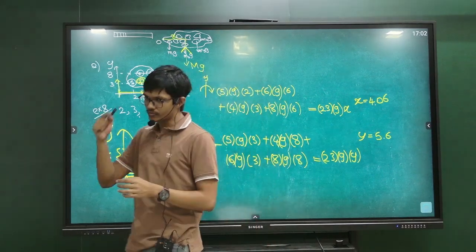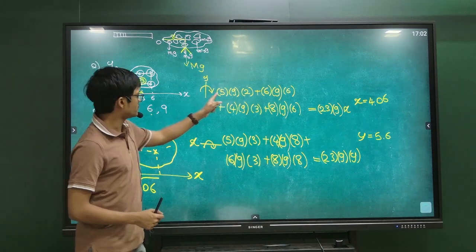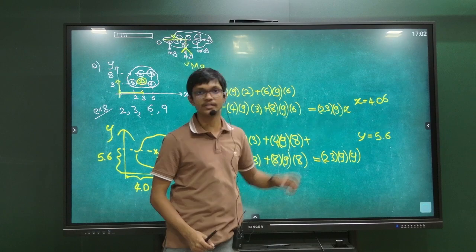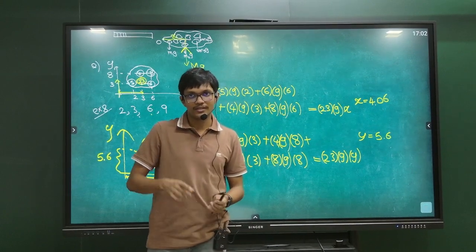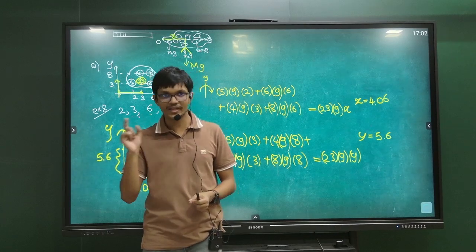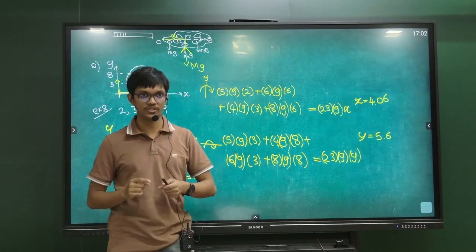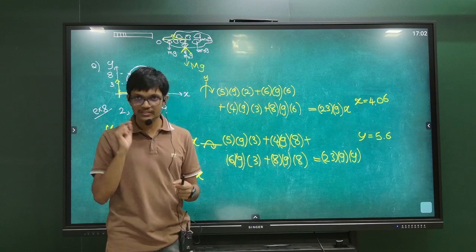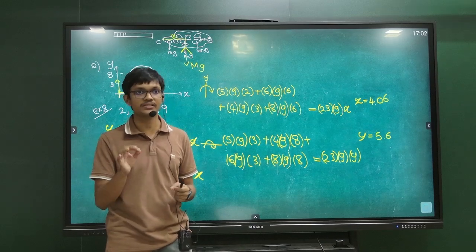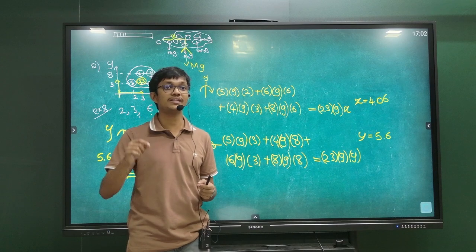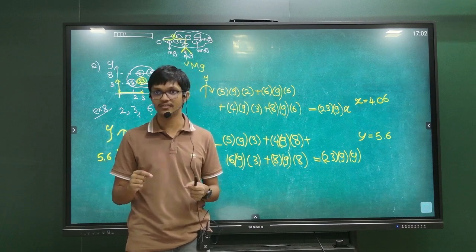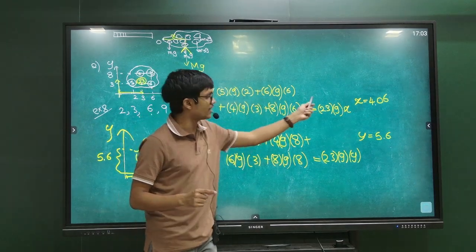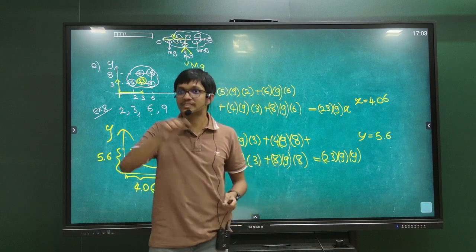Now, if you remove g, it becomes 5 into 2, 6 into 6, 4 into 3, 8 into 6, 23 into x. In that case, you are not considering the weight. බර නෙමෙයි consider කරන්නේ. You are considering only the mass. ස්කන්ධය. If you write the same equation without g everywhere, you are considering only the mass.